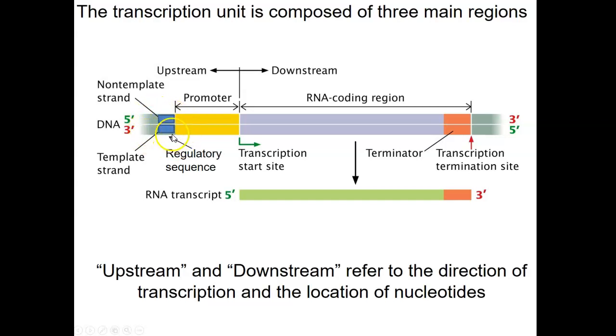That's going to be the primary region where transcription factors can bind. It's certainly not limited to just upstream of the promoter. We can find regulatory sequences actually all throughout the genome, and I'll talk a little bit more about that. And then again, downstream of our RNA coding region is where we're going to have our terminator, and that's where RNA polymerase will dissociate from the gene itself.